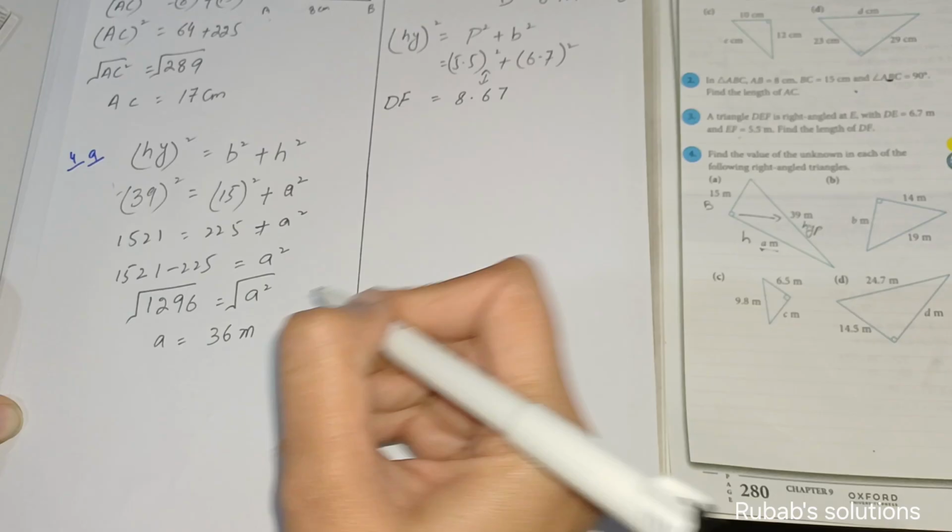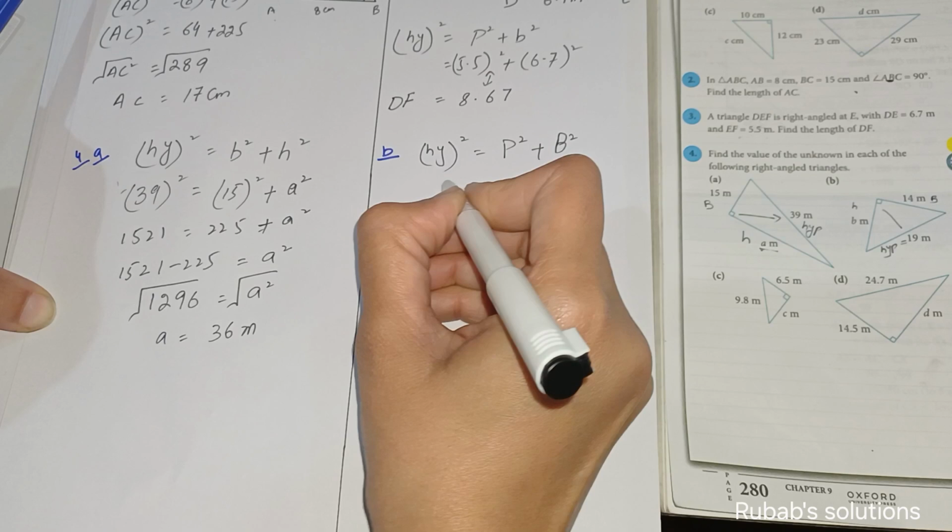Okay, over here it is given that it is a 90 degree angle, so again I have to find the hypotenuse. So again I will apply the formula, that is hypotenuse square is equal to base square plus perpendicular square.